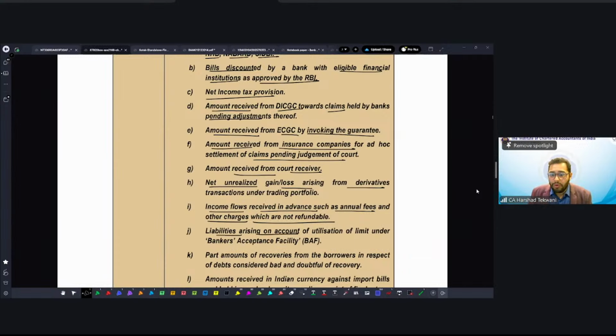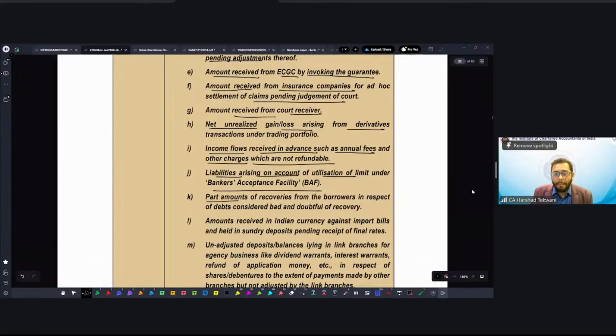Liability arising on account of utilization of this BAF facility, which is there with the RBI. Again, facility given by RBI, anything with respect to RBI does not count into DTL position. Parts of amounts recovered from the borrowers in respect of debt considered bad and doubtful. Because once you recover the amount which is already considered bad and doubtful, for which you have already provided the provision, as of now that is written off.